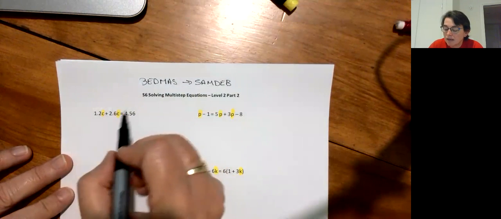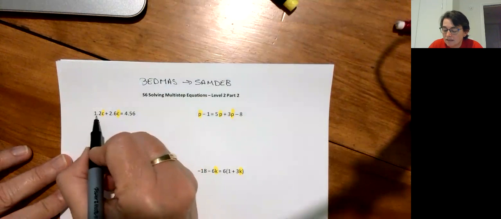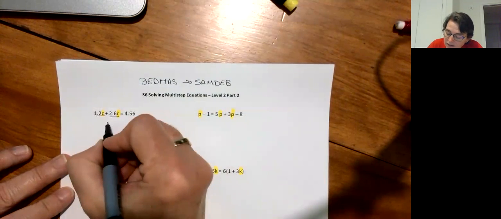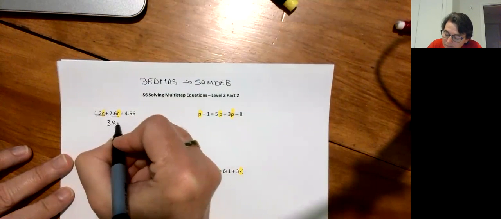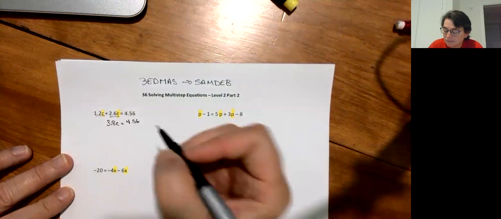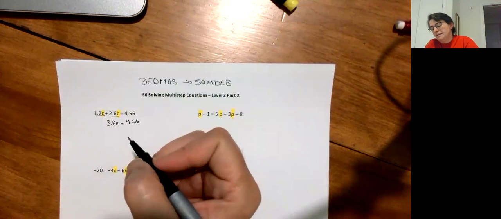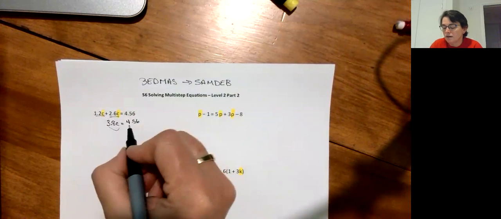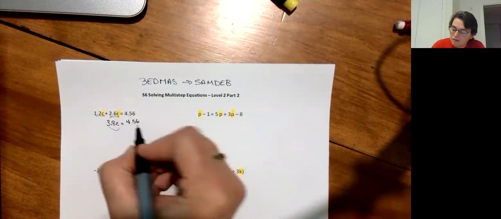All right, so we got 1.2c plus 2.6c is equal to 4.56. Well, can I simplify? If I look on this side, this is some c's and this is some c's, so I can put them together. So I should get 3.8c is equal to 4.56. And then my variables are all over here, so my c's are all on this side, my numbers and constants all over there.